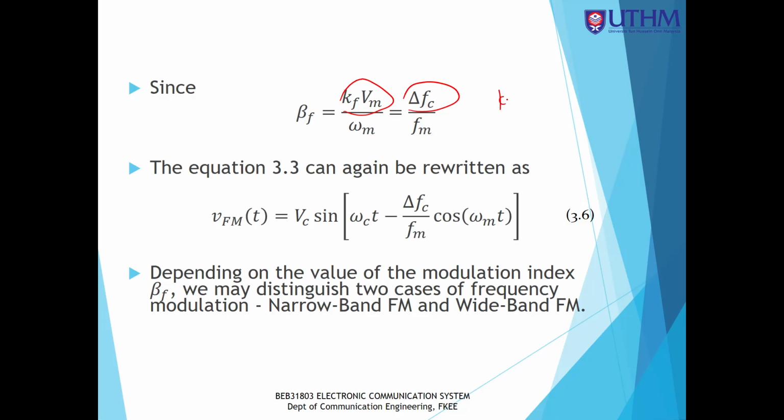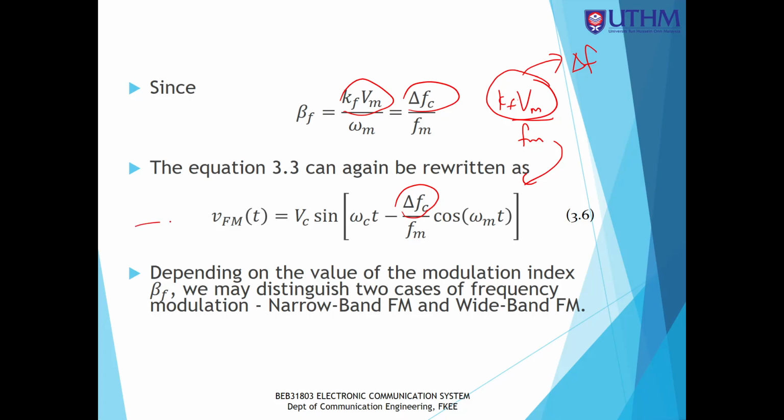Remember this is kf Vm over Fm, so this kf Vm we can replace with delta F. If you put it in the equation, we can replace kf Vm with delta F.